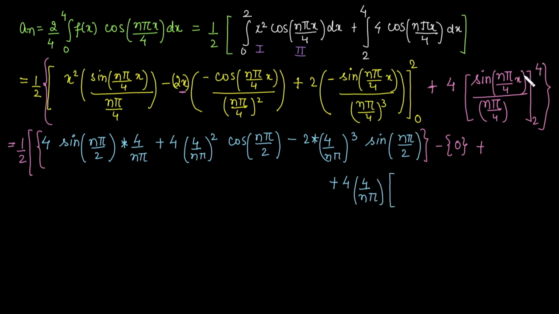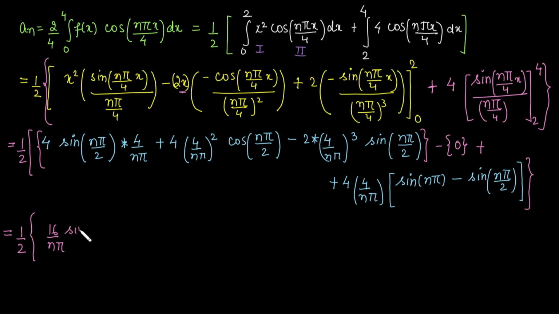Substitute upper limit. When you put 4 in place of x, we have sine n pi, minus, put lower limit, we have sine n pi by 2. Simplify this, we have 1 by 2. This term is written as 16 by n pi into sine of n pi by 2.